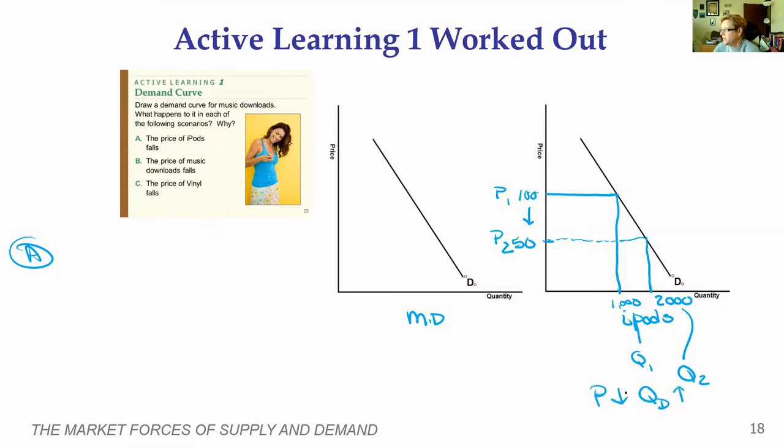Is that a change in demand or change in quantity demanded? If you answered a change in the quantity demanded, you're right, because what changed here? Price. We're interested in what's the effect on music downloads. So I would say that iPods and music downloads are definitely complements. They have to be used together. So let's say that a music download is, I don't know, $1.99. I don't even know.